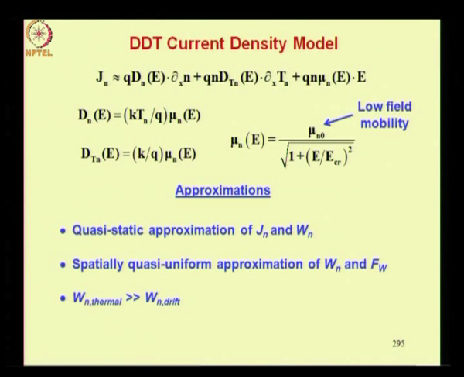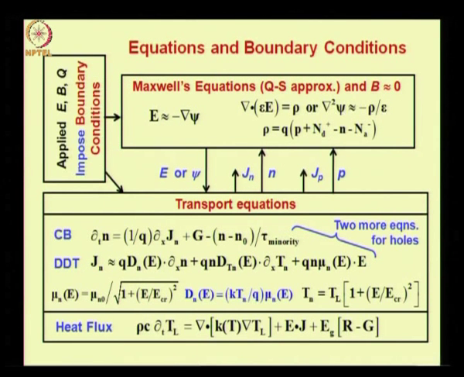The drift diffusion thermoelectric current density model was given in terms of these equations, and the approximations were the quasi-static approximation of Jn and Wn, the spatially quasi-uniform approximation of Wn and Fw, and thermal energy much greater than the drift energy. The equations of drift diffusion and thermoelectric current have the form shown here.